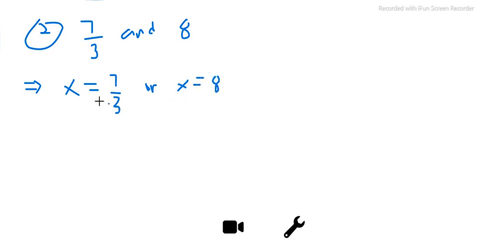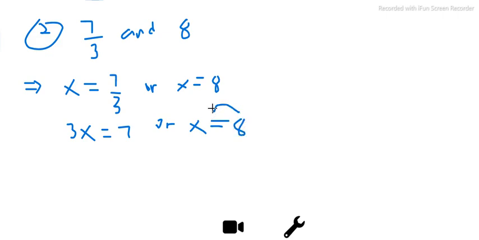Do you get that? Since this is a fraction, we can cross multiply. So 3 will multiply x. We have 3x equals to 7 or x equals to 8.